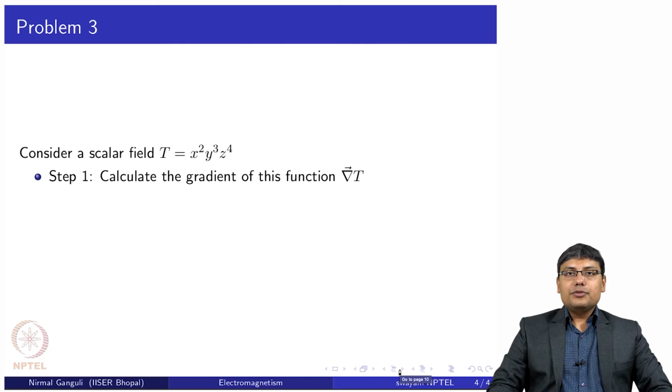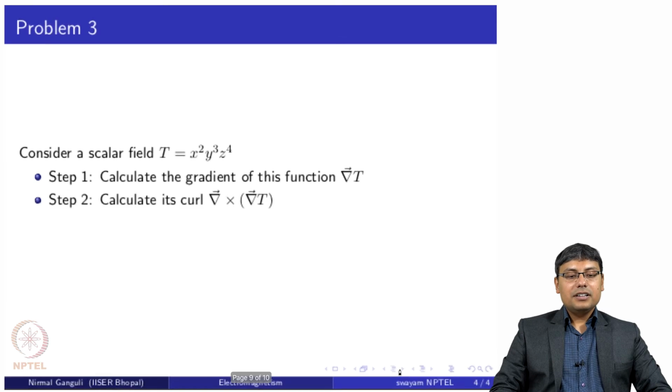Now let us move on to the third problem. Here we consider a scalar field given by T equals x square y cube z power 4. In the first step you are asked to calculate the gradient of this function, grad of T. In the second step you are asked to calculate the curl of the gradient of this function.